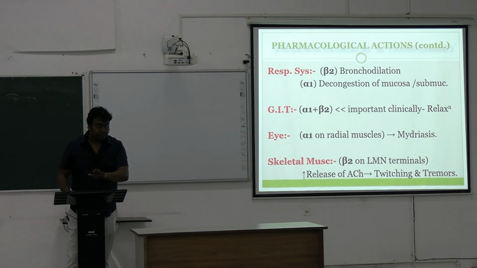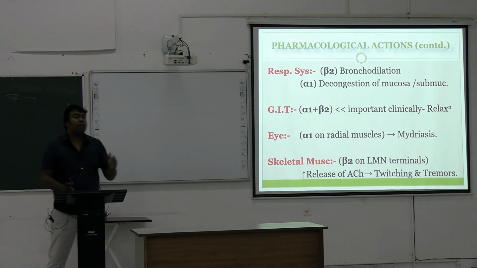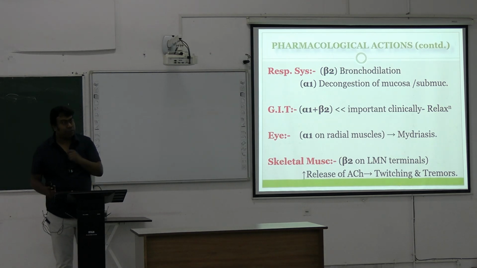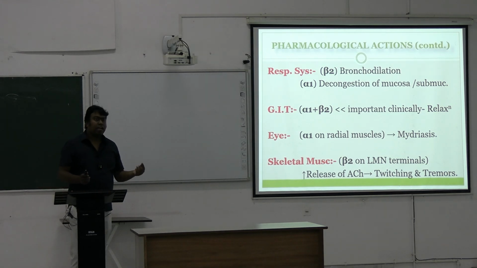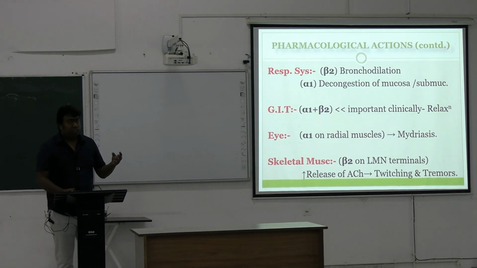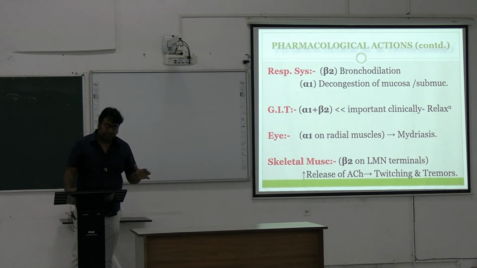Explain why. In anaphylactic shock, why is adrenaline the drug of choice, or why is adrenaline preferred over noradrenaline? What should you say? In anaphylactic shock, there is mucosal edema along with contraction of the smooth muscle of the tracheobronchial tree. Clear?